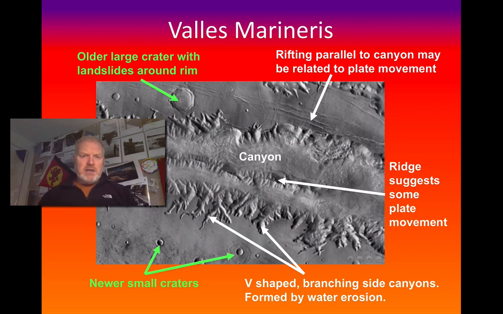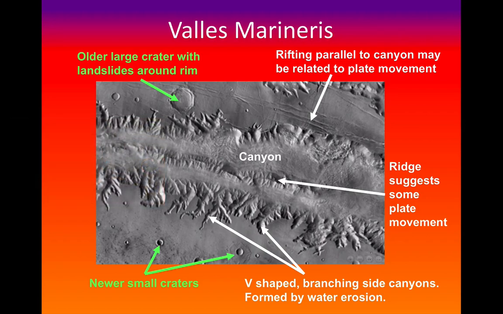What does that tell us about how long liquid water existed on the surface of Mars? Those sediments must be younger than the rocks they eroded from, but how much younger? I think it's a fascinating area for us to look at, and we can interpret a huge amount of the history of this area just by making these careful observations.